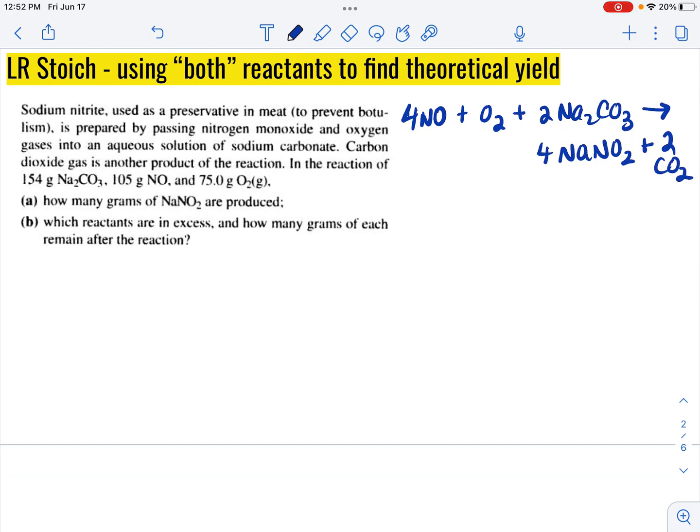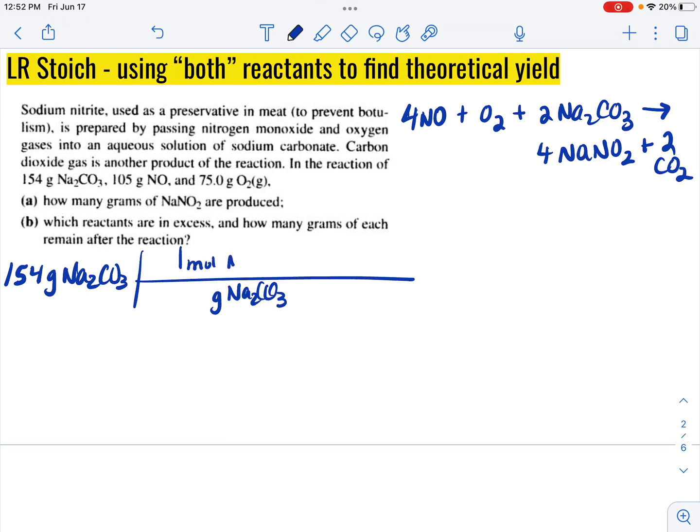So let's start by finding how much we could yield from all of our reactants separately. I'm going to start with 154 grams of Na2CO3. I'm going to convert that to moles. And then I'm going to go from moles of that to moles of the product they asked me about, which would be NaNO3. And technically, I could stop there if I wanted to and find which one gives me the fewest number of moles and then go on to figure out the grams from that.